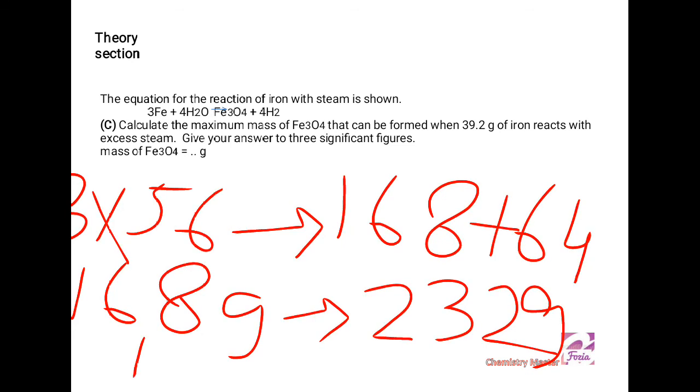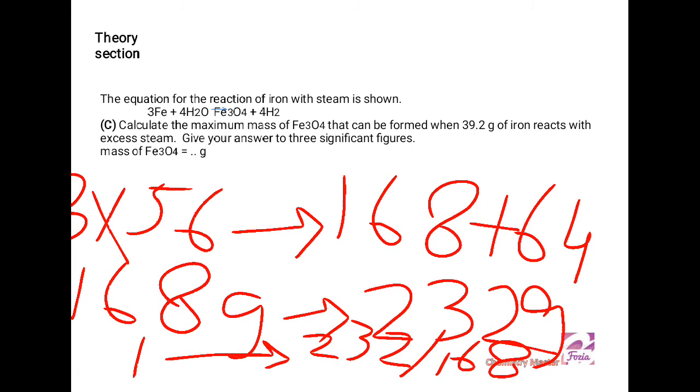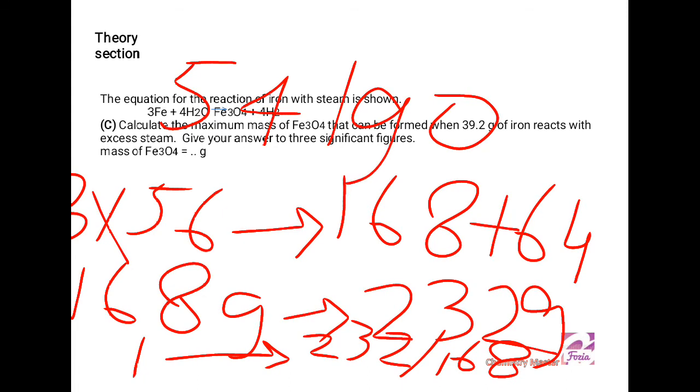Now you get the value of 232 by 168 for 1 gram of iron. You see you are given 39.2, so you will multiply that value by 39.2 and you will get 54.1 gram of Fe3O4 produced here.